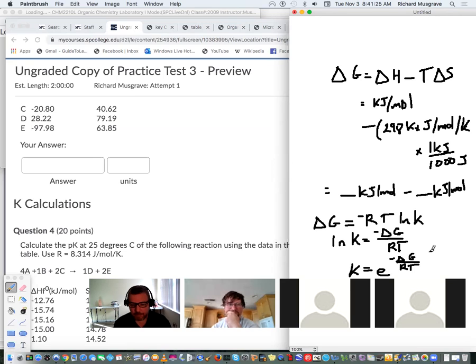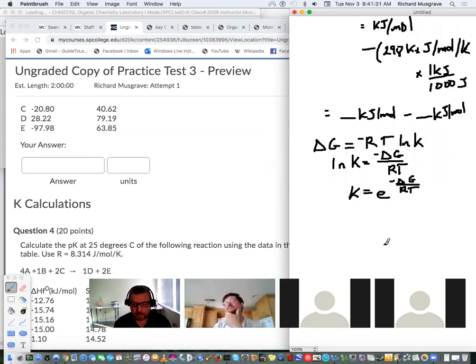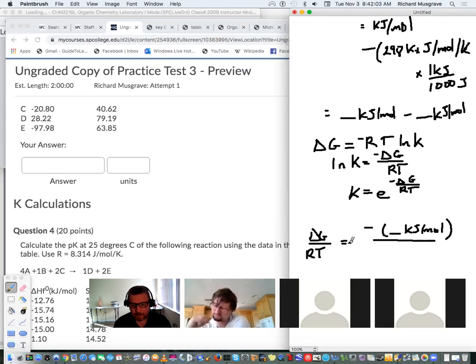Now delta G will be in kilojoules per mole. So what I like to do is handle this separately. So it'd be some sort of negative of whatever you're getting for delta G. So understand that if delta G was negative, putting the negative in front of that will make it positive, but it will be in kilojoules per mole, the delta G value. So let's do this, delta G over RT. Now the R is given to you in the problem.